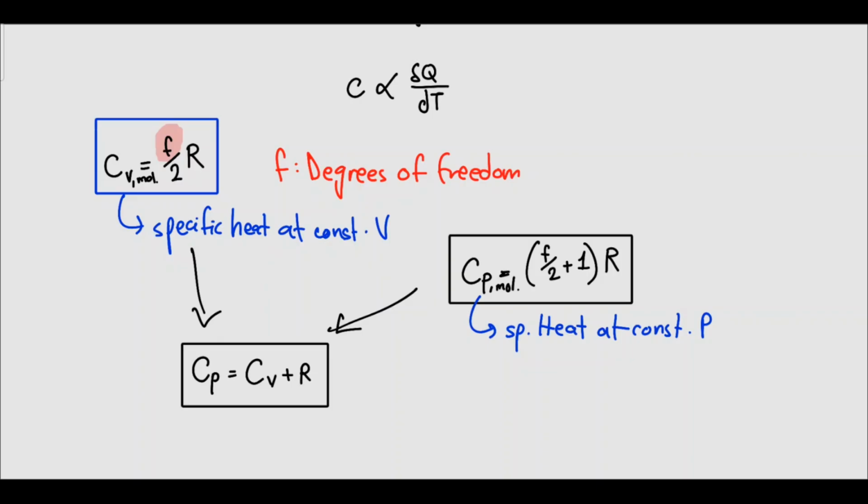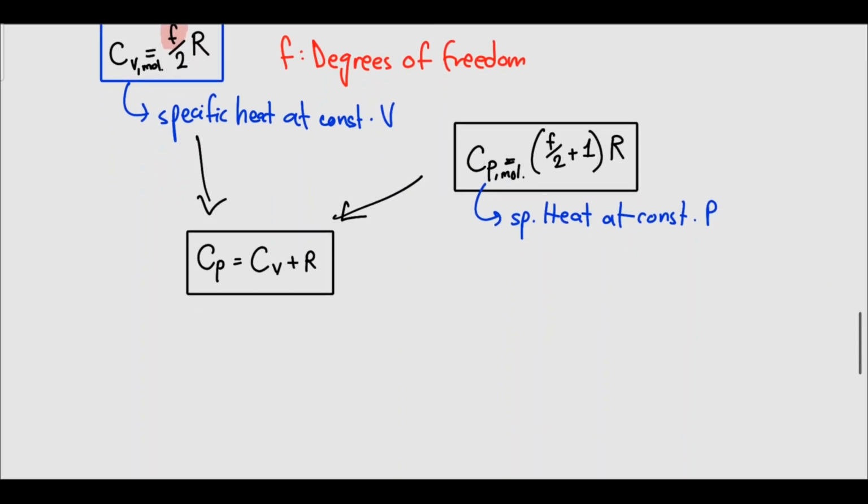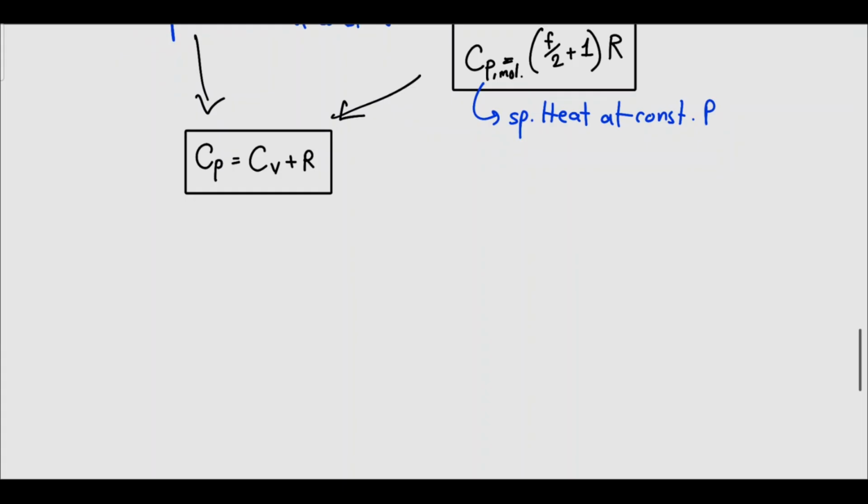And again, we talked about F being the degrees of freedom, and we also talked about the example of a monoatomic gas, where it has the degrees of freedom according to the coordinate axes, because it can basically move everywhere.